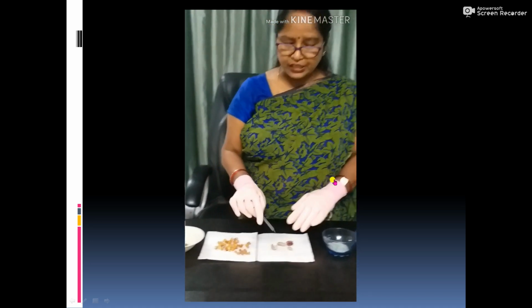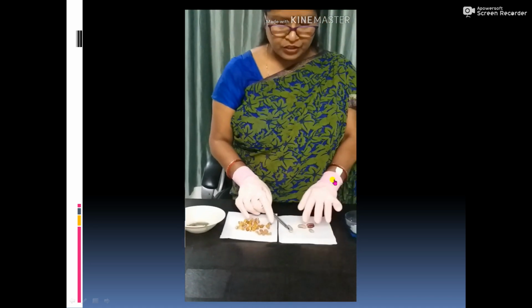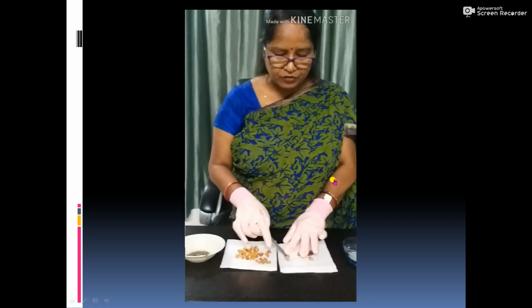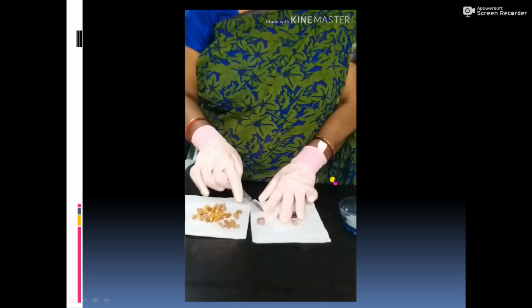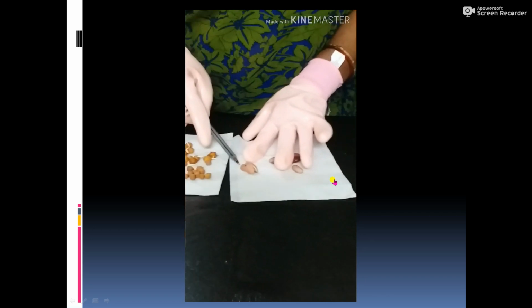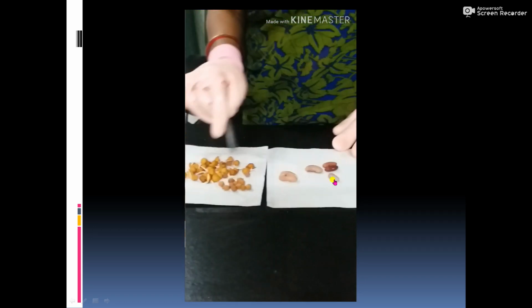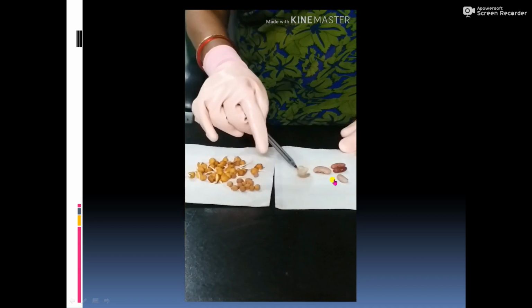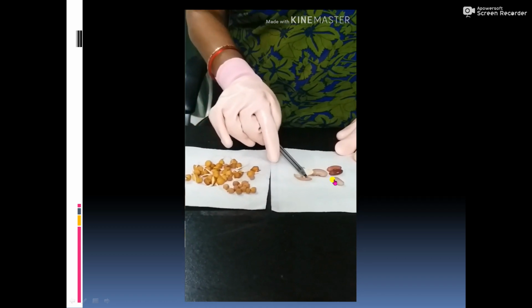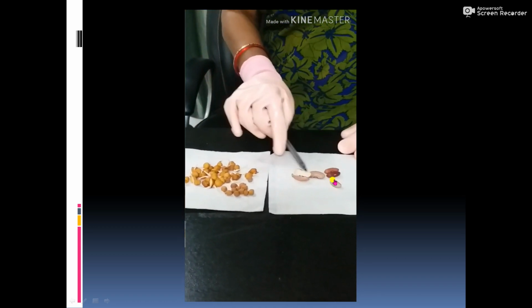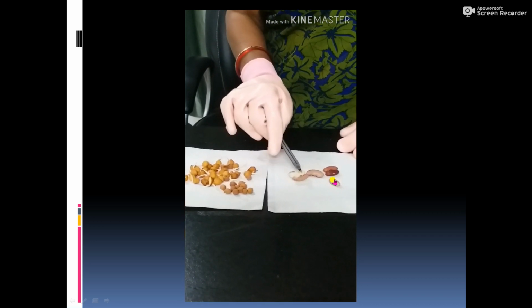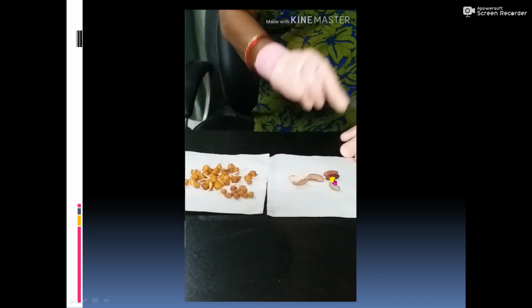And now you see again here that the seed is covered by a brownish layer. This brownish layer is known as the seed coat. What is this? Seed coat. And what is the role of the seed coat? The seed coat's role is to protect the seed from outer germs.